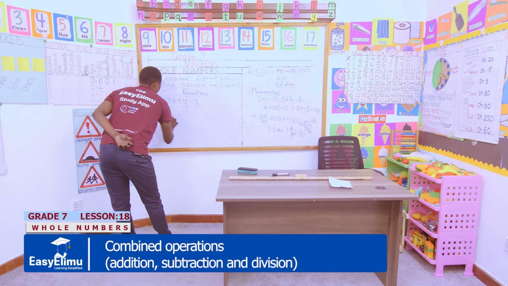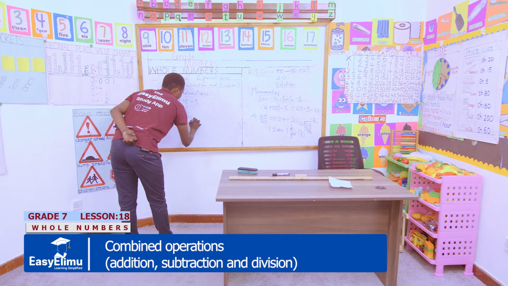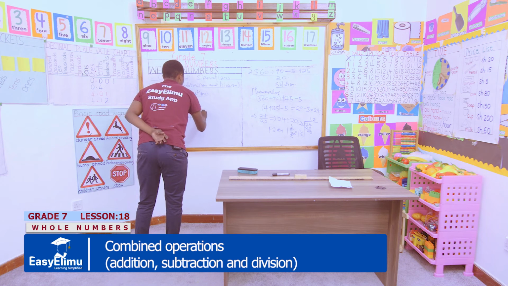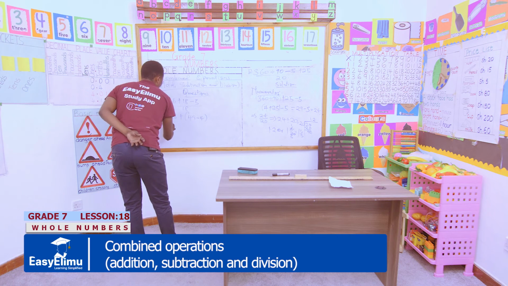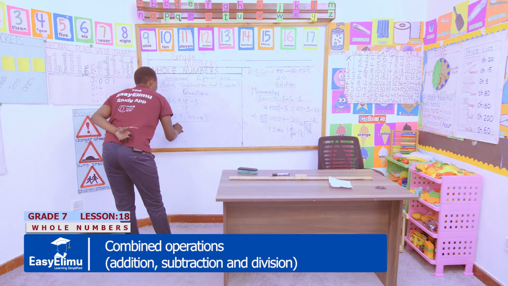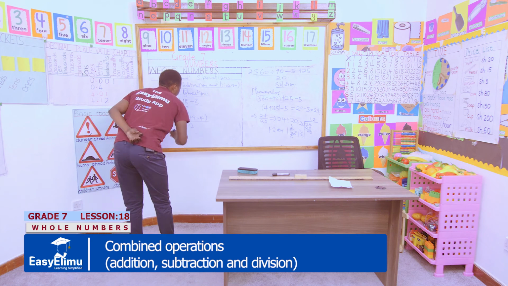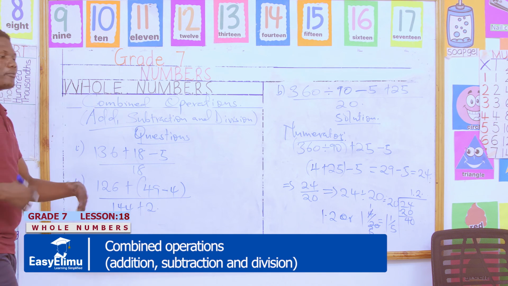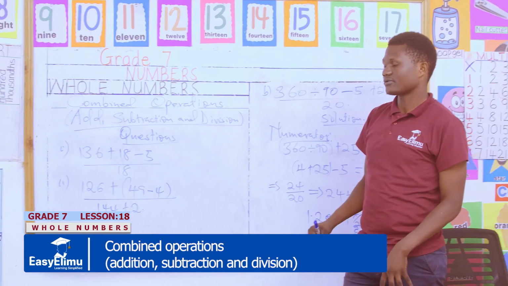You can have 126 plus, in bracket, 49 plus 1, 49 minus 4, everything divided by 144 plus 2. So kindly do this and many more questions that you can come across during your personal revision.